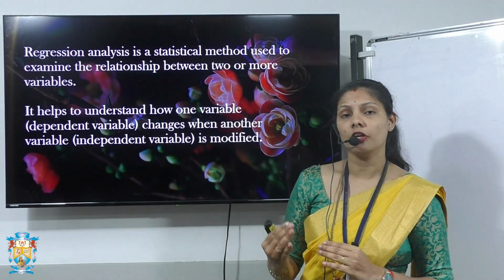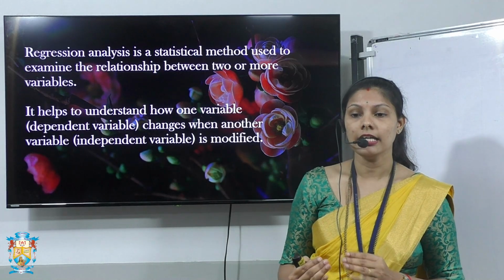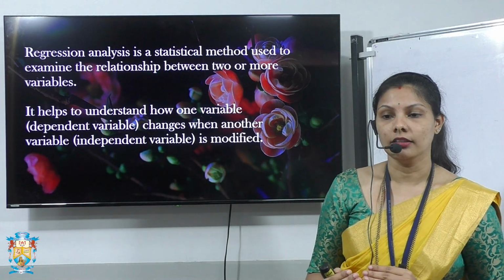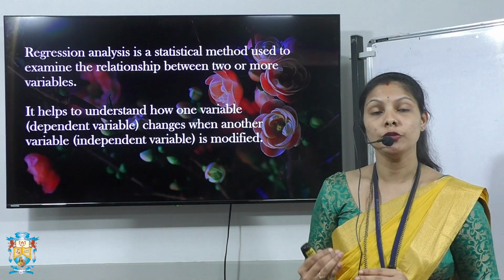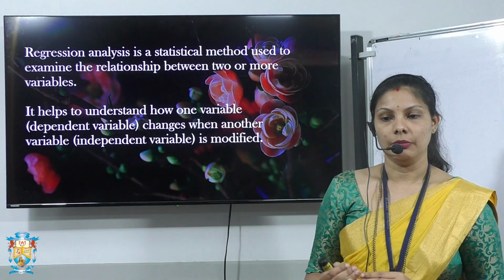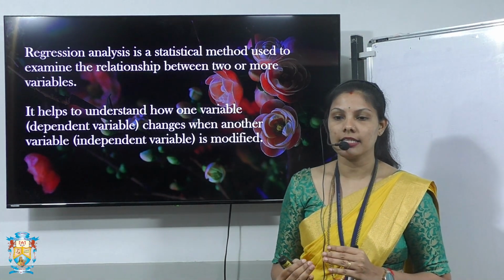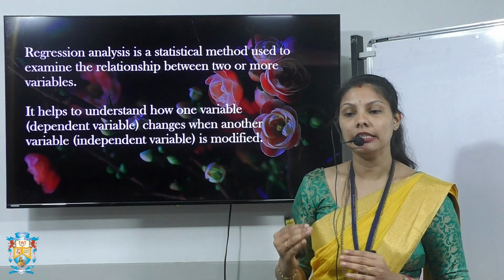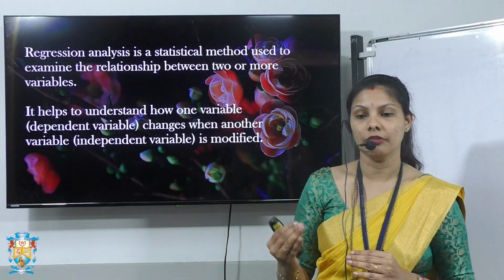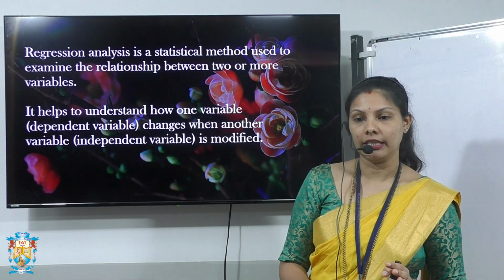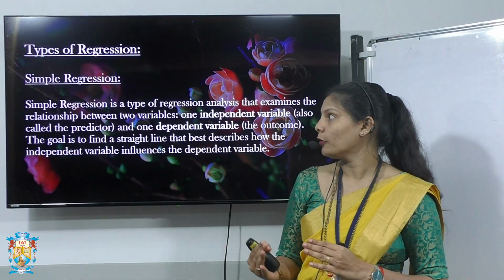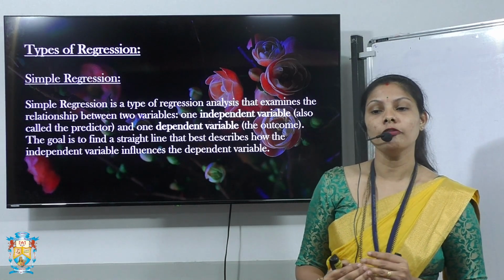The definition of regression analysis says that it is a statistical method which is used to examine the relationship between two or more variables. It helps to understand how one variable changes with another variable, that is, the independent variable and the dependent variable. Next, we will move on to the types of regression.